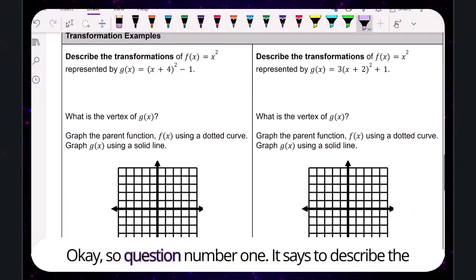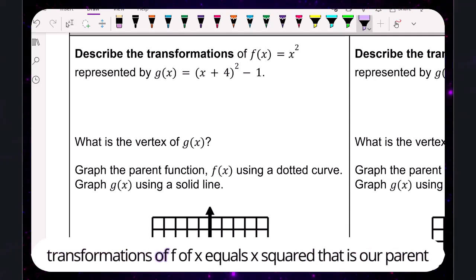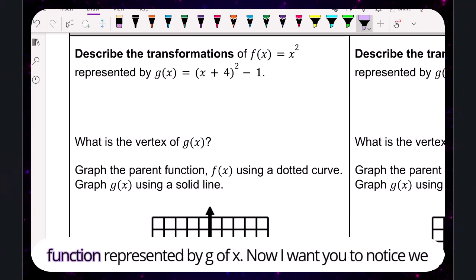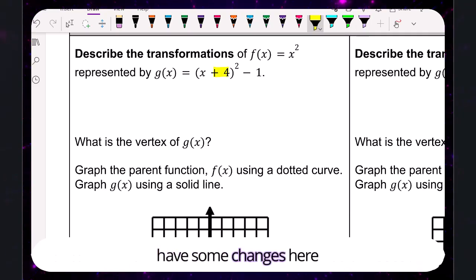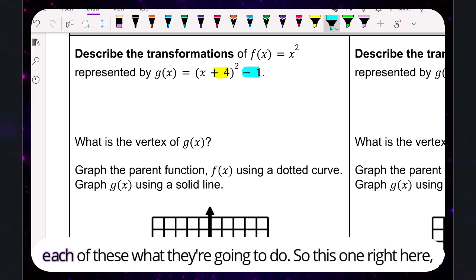Okay, so question number 1, it says to describe the transformations of f of x equals x squared. That is our parent function represented by g of x. Now I want you to notice we have some changes here and we have a change here. So we need to write down what each of these is going to do.